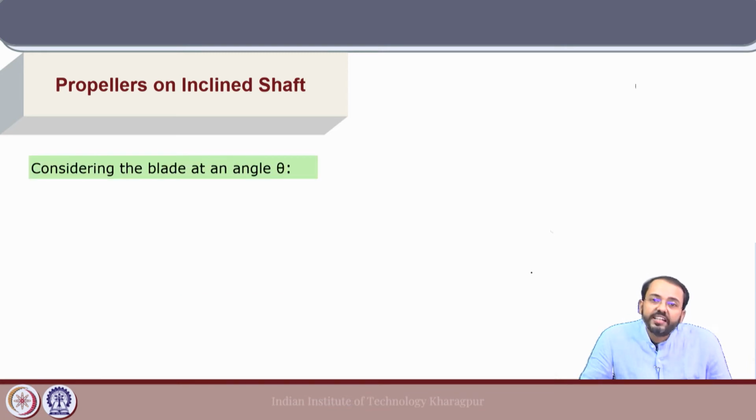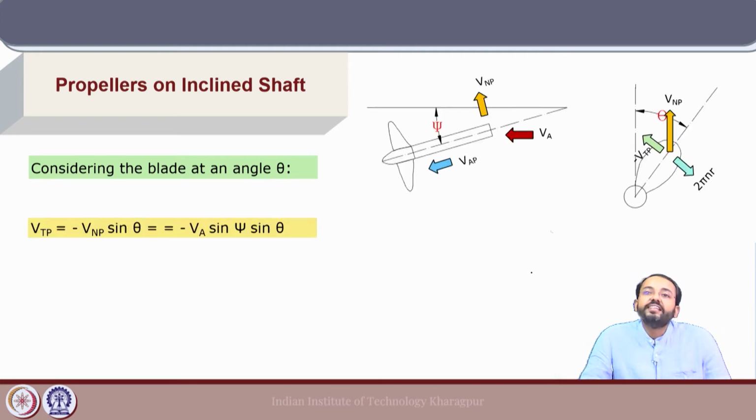Now, let us consider the case of a propeller which is on an inclined shaft and the instantaneous position of one of the propeller blades is at an angle theta with respect to the vertical 12 o'clock position. So, we have this VAP which is the axial component due to the velocity VA and VNP which is the normal component for the case of an inclined shaft propeller.